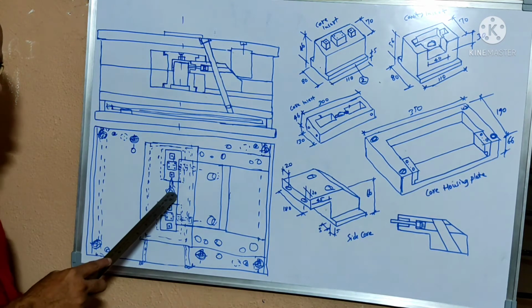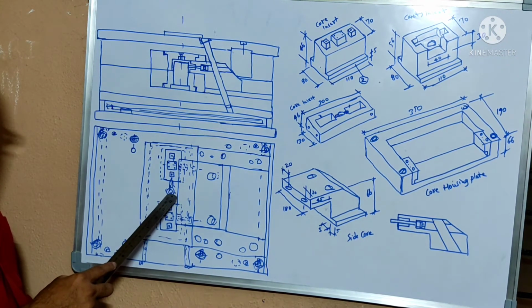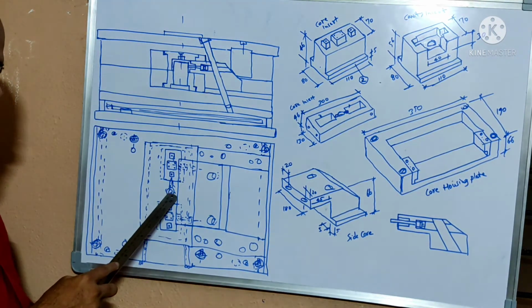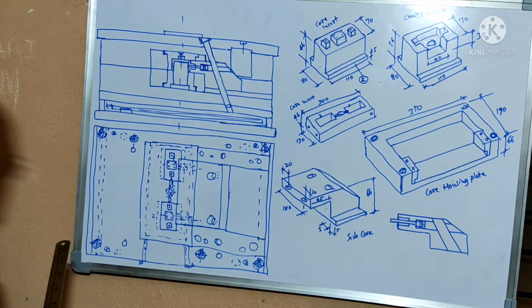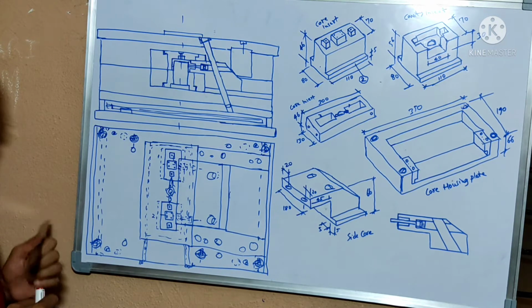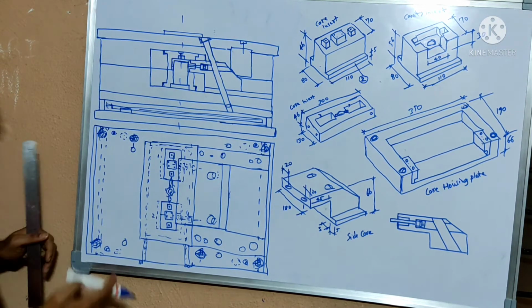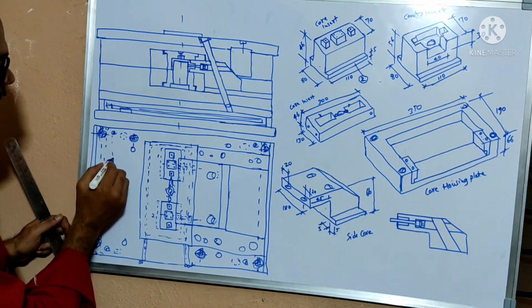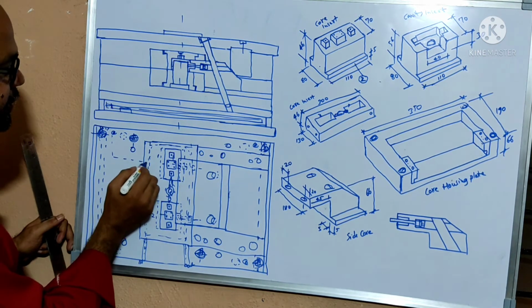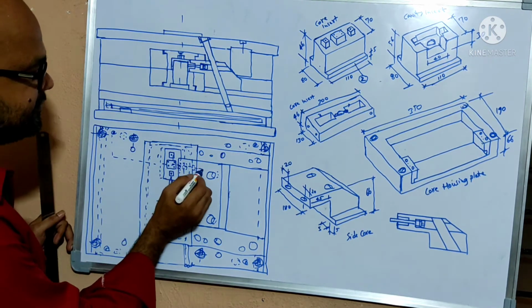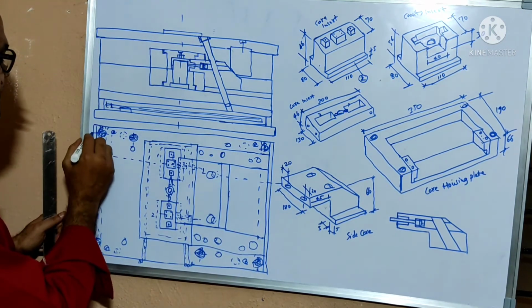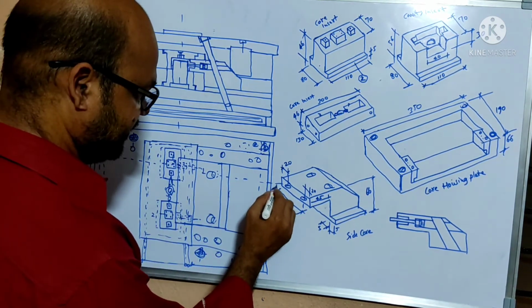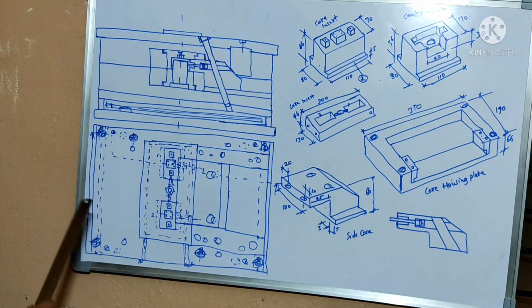The sprue puller or the sprue bush, the sprue puller pin, cannot be sectioned like this. I had already shown this one. For this section, similarly for this section, it shows only.